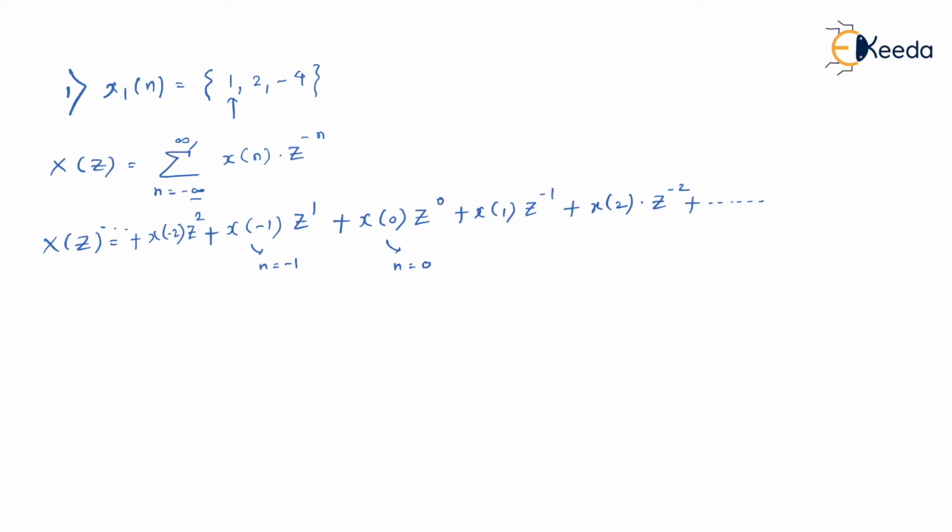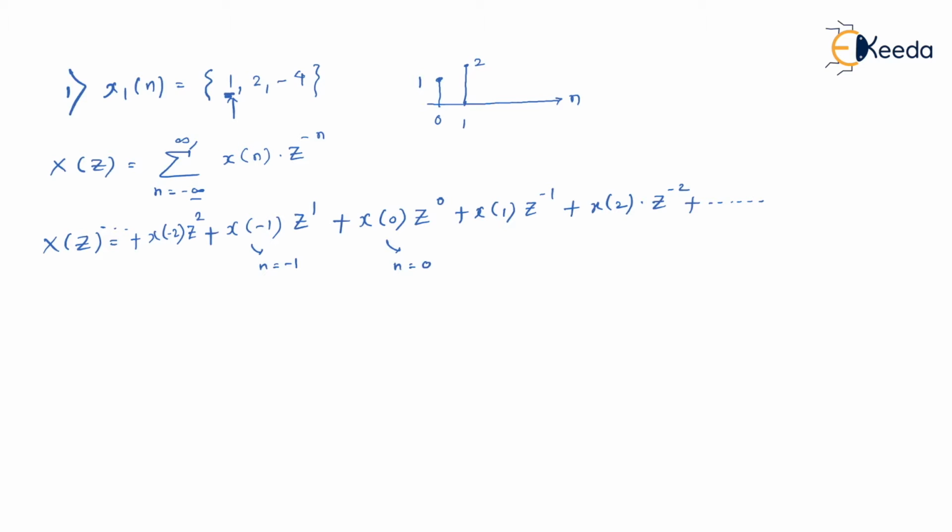Is that right? In this case, if you look at x1 of n and show a graphical representation, then at x of 0, that is x of n at n equal to 0, there is a signal having amplitude equal to 1. At n equal to 1, it has amplitude equal to 2.